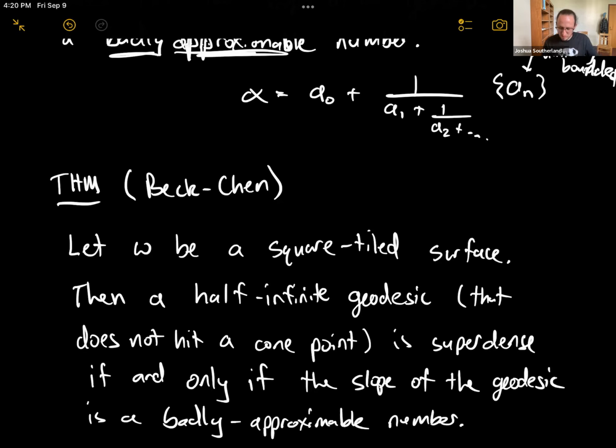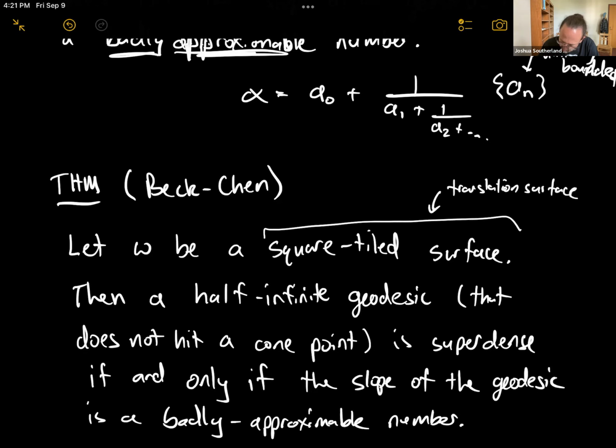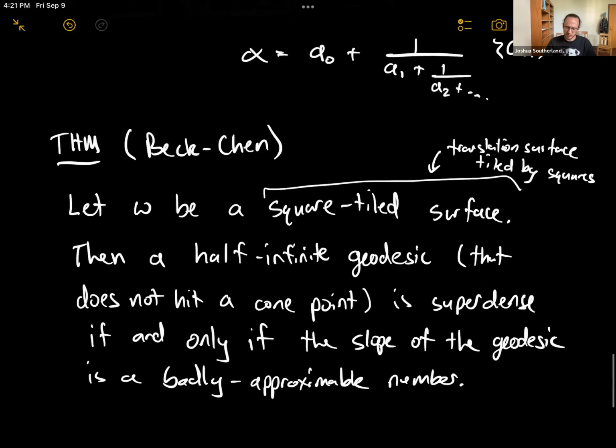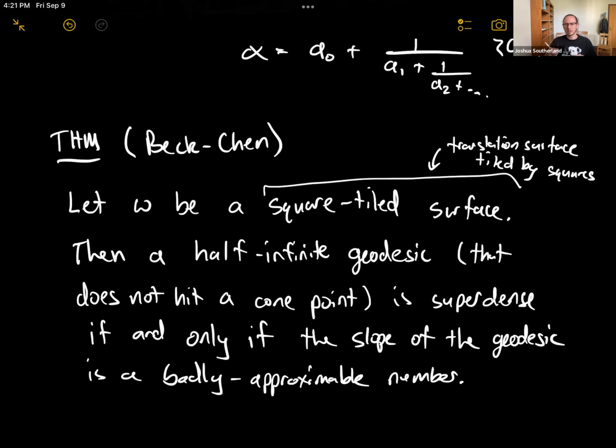Okay, so what they showed was they essentially took the result and extended it to square-tiled surfaces. Here, we'll just say these are a special kind of translation surface, tiled by squares. The reason why I paused earlier is that their starting point is a surface tiled by squares that adds additional things.